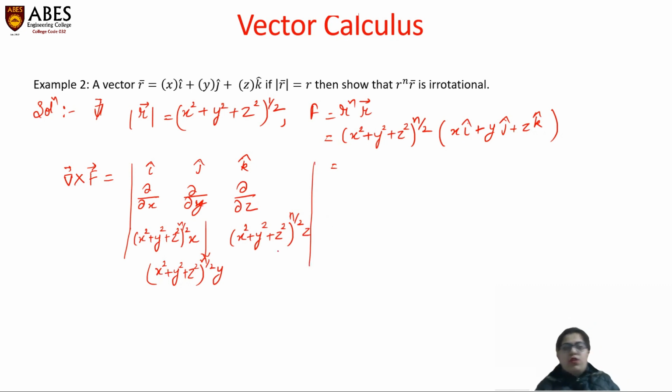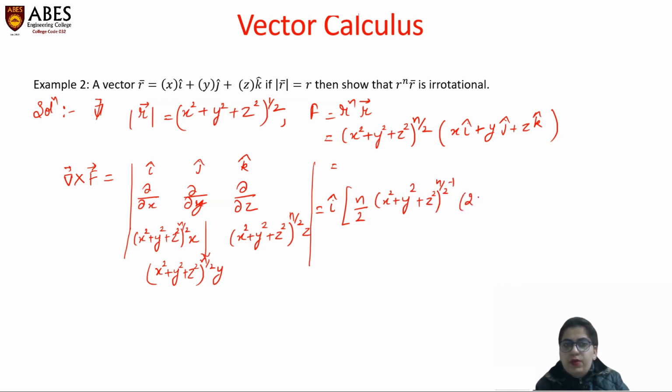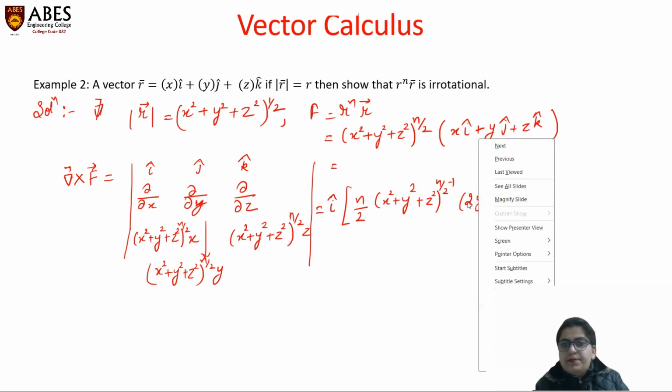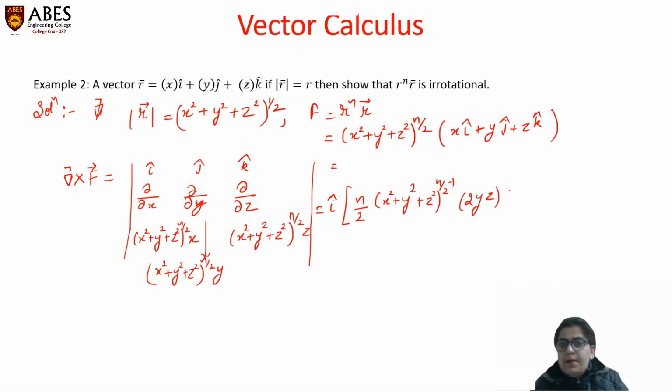Now we will be solving this, or expanding it in the form of i cap. I cap will be del y. It will be n by 2 x square plus y square plus z square raised to power n by 2 minus 1 into 2yz, minus n by 2 x square plus y square plus z square raised to power n by 2 minus 1 into 2yz again.